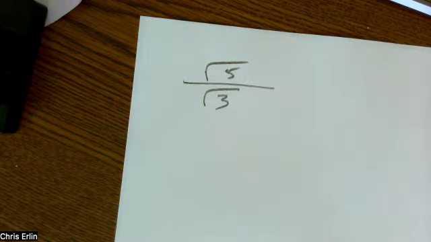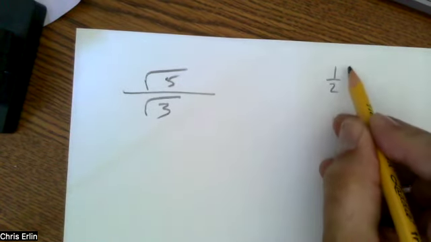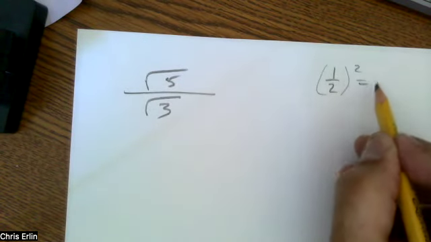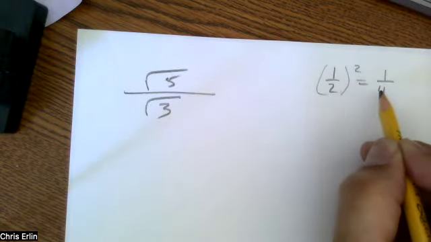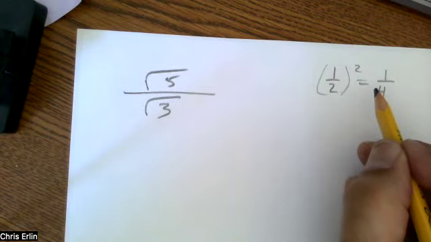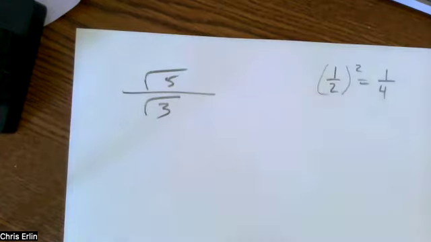A lot of people would make a mistake and say, I'm going to square it because I want to get rid of the square root. But let's make sure for a second, if I took 1/2 and squared it, what would it equal? 1/4. Those are not the same value. So squaring a fraction doesn't leave it alone, it doesn't just simplify it.